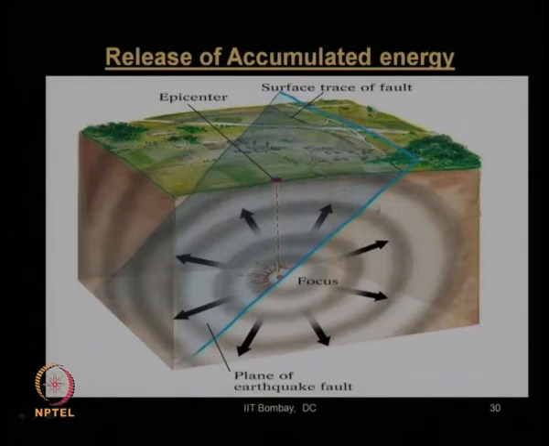This is the plane of the earthquake fault, and the trace this fault creates on the ground surface is called the surface trace of the fault. On the ground, whatever fault we see, just now I gave the example of the San Andreas fault, say this is the San Andreas fault.